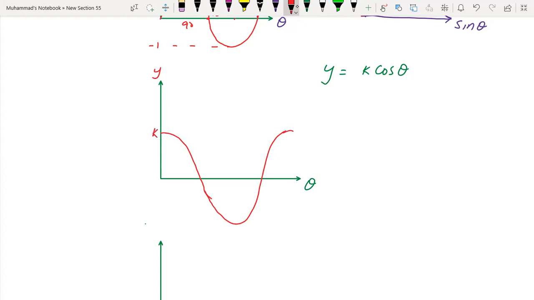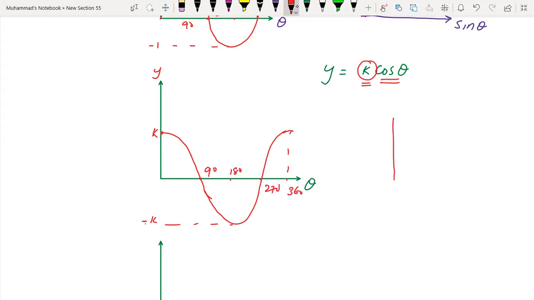The magnitude is k. You know that the maximum value of cos theta is 1, so the maximum value of y in this case will be k, and the minimum value of y will be minus k. So at 90 it would be 0, at 180 it would be minus k, at 270 it would be 0, at 360 it would be positive k.